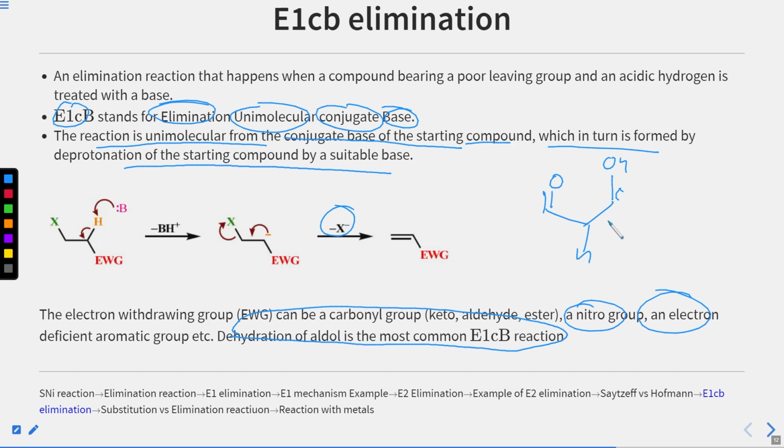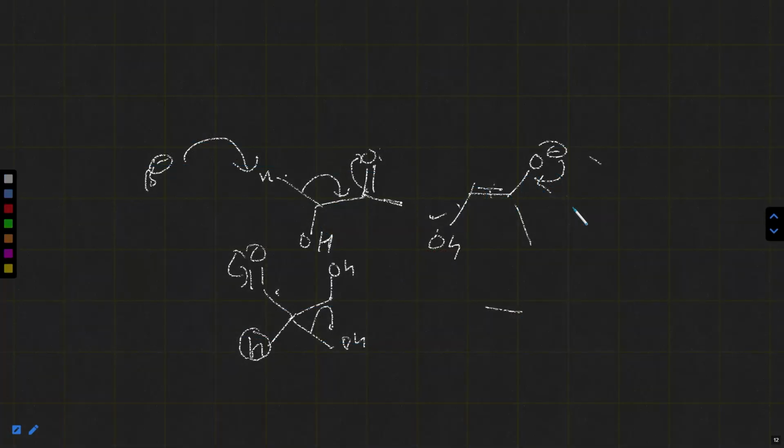Now this is the E1CB elimination. So it goes like this. The base abstracts this one. It goes here, and we get this kind of intermediate. It will come back, and now this OH will leave. This is our double bond. It will come here and this OH will leave. Now let me draw it more nicely.